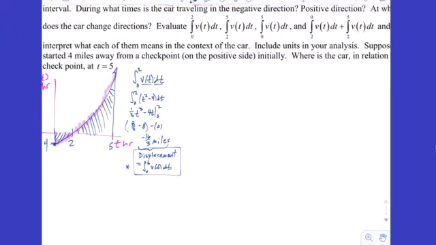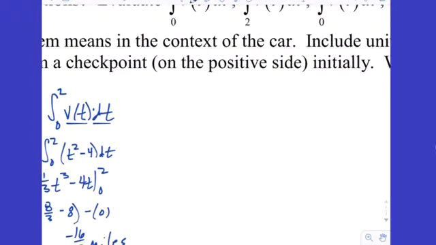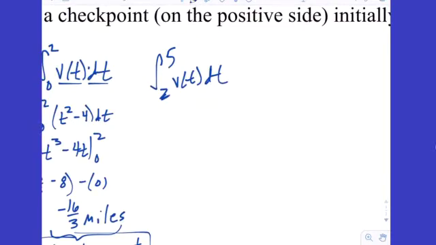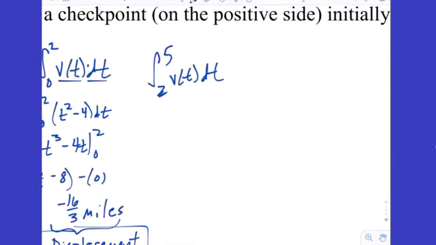All right, let's do the next one from 2 to 5. So new column here. The integral from 2 to 5 of v of t dt. Now, you don't have to integrate the whole thing again. If you want to go straight to the third line on the left column, it's 1/3 t cubed minus 4t. Same antiderivative.